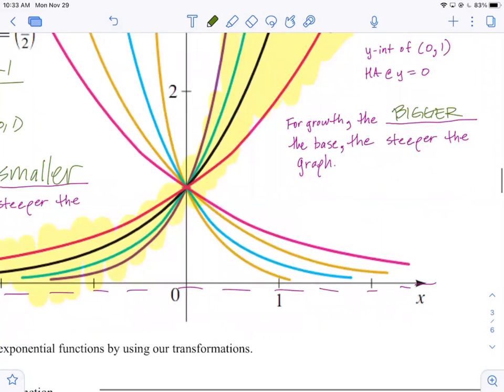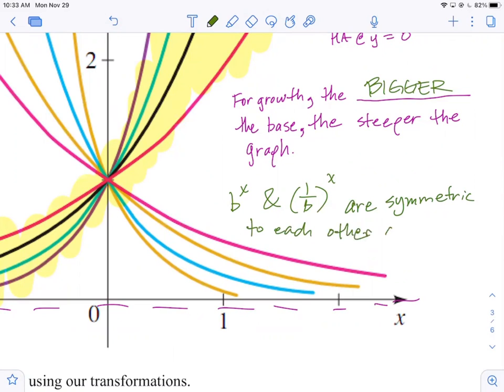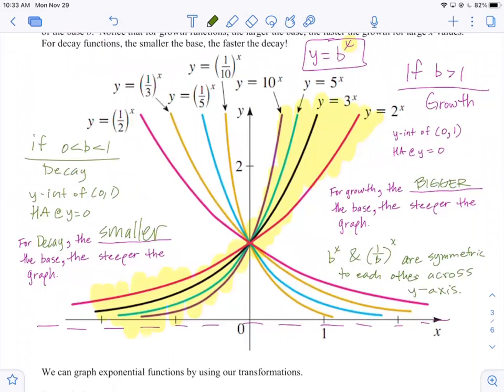Let's just say b to the x and 1 over b to the x, their counterparts are symmetric to each other across the y-axis. So 10 to the x goes to infinity on the right-hand side at the exact same rate 1/10 goes to infinity on the left-hand side. They are mirror images of each other across the y-axis.